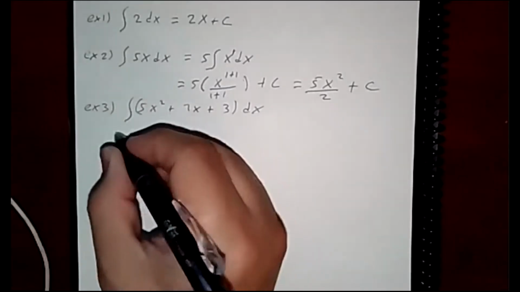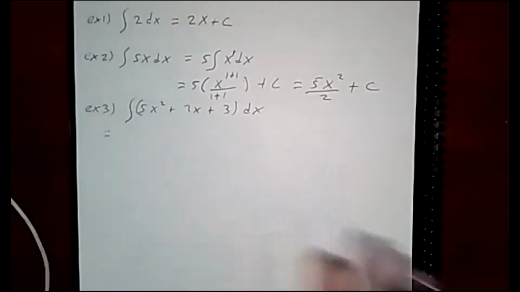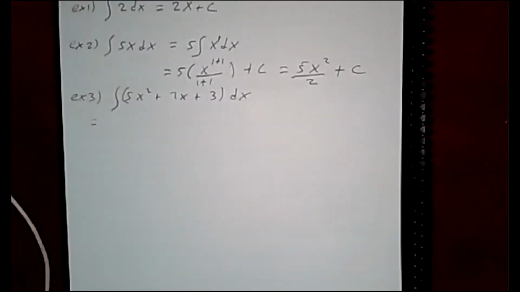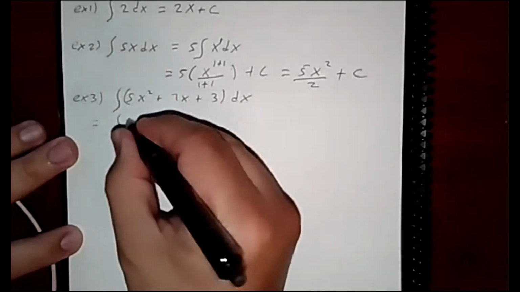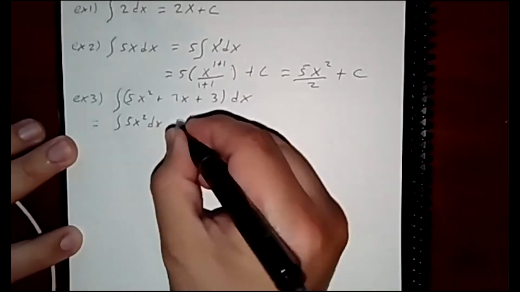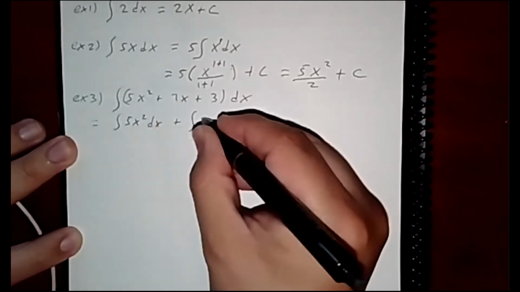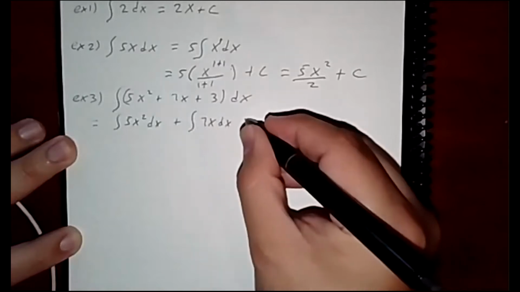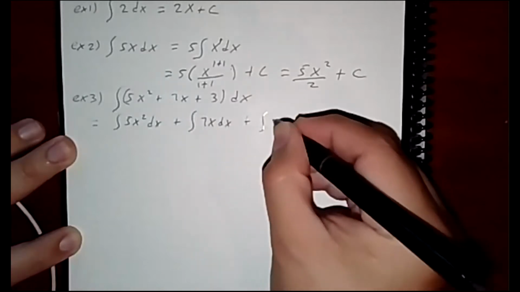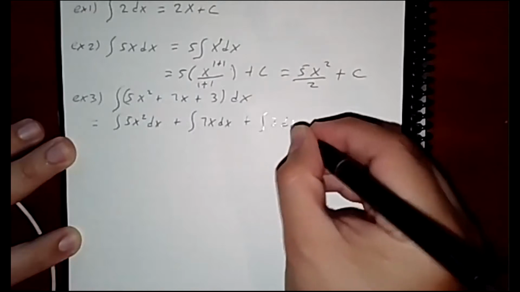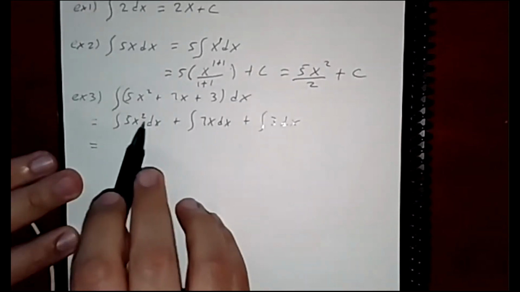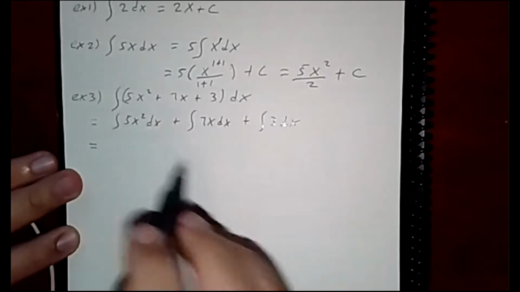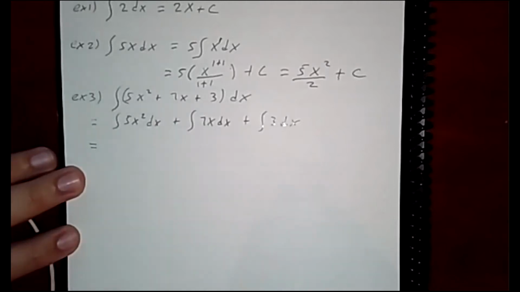So basically what I'm saying here is integrate 5x squared dx, and then the antiderivative of this guy, one at a time. So what is the antiderivative using the power rule of this first one? 5x cubed over 3.